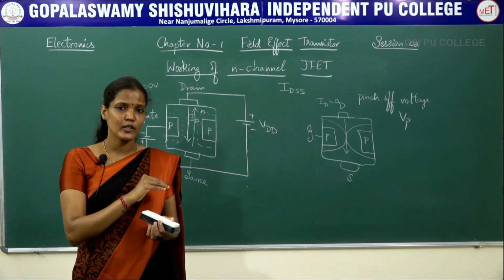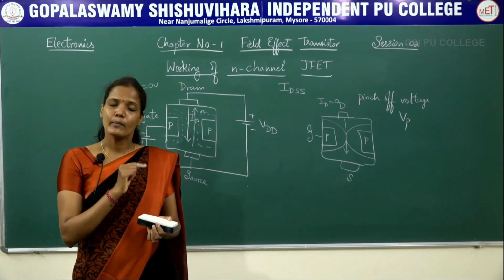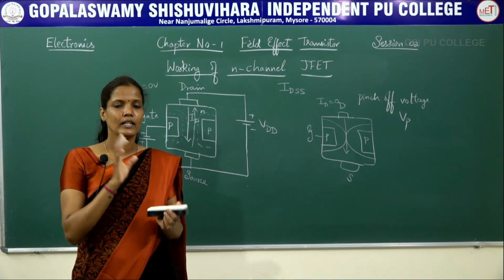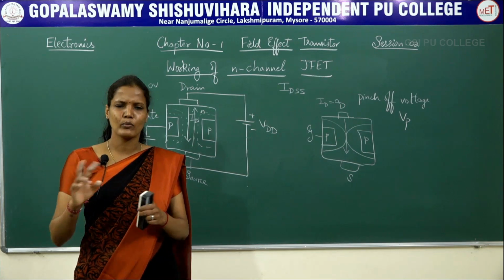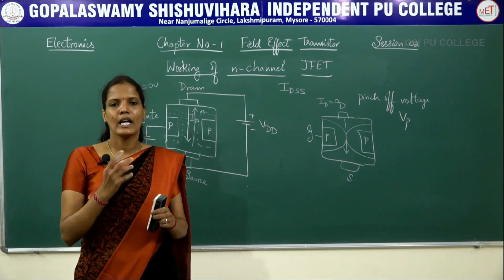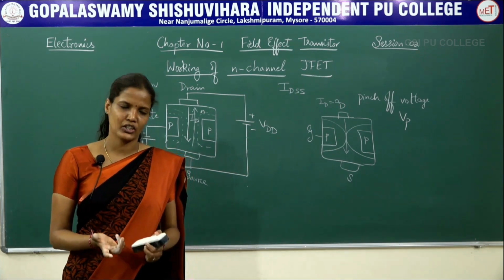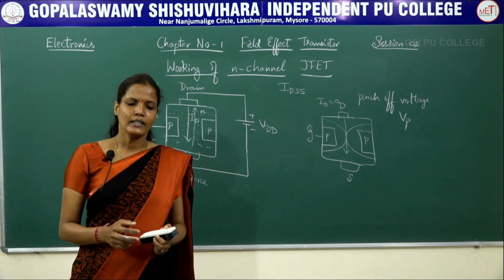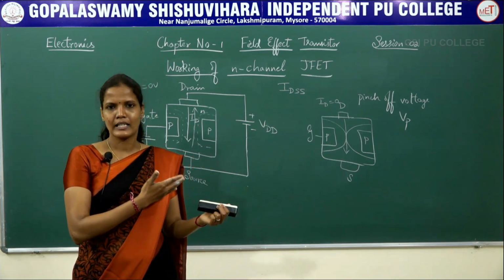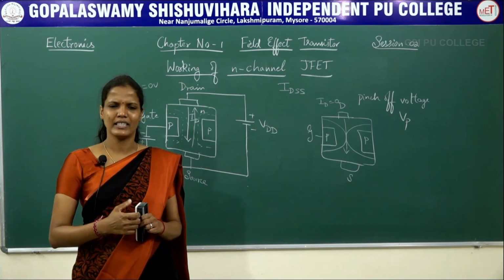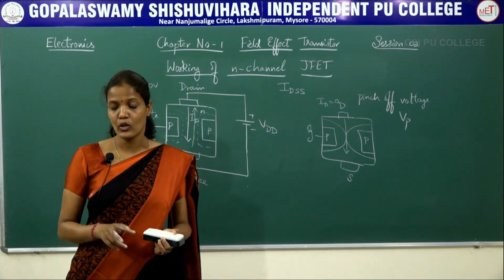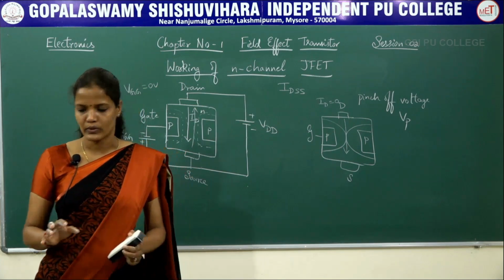If we consider N channel, electrons are responsible; if we consider P channel, holes are responsible. Coming to BJT, it is a bipolar device, which means both electrons as well as holes are responsible for the current conduction. Apart from that, FET is a voltage controlled device, whereas BJT is a current controlled device. If you state two differences like this, you are going to get 2 complete marks.